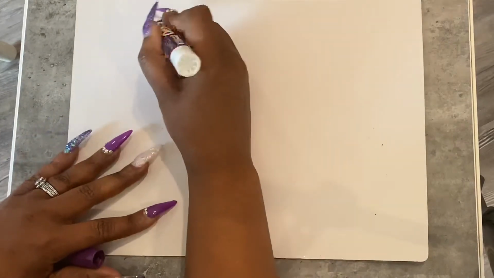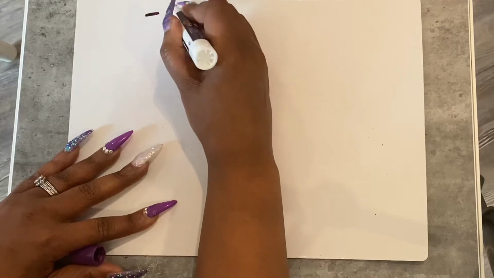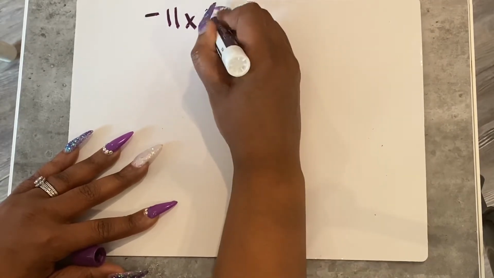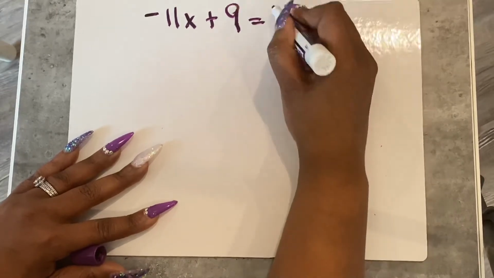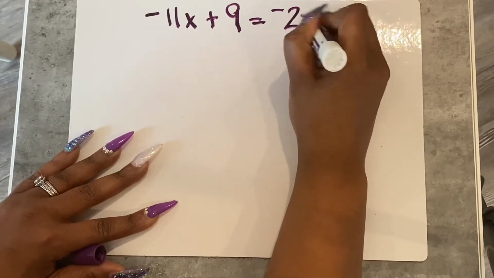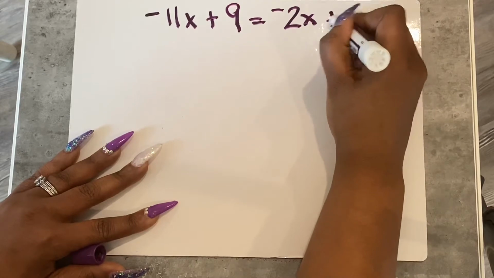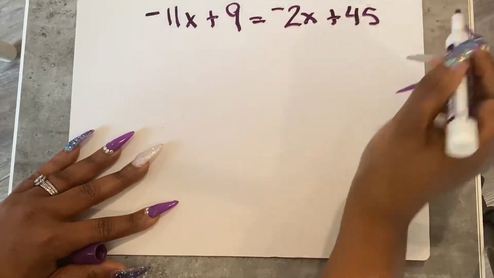We're going to start with negative 11x plus 9 equals negative 2x plus 45.